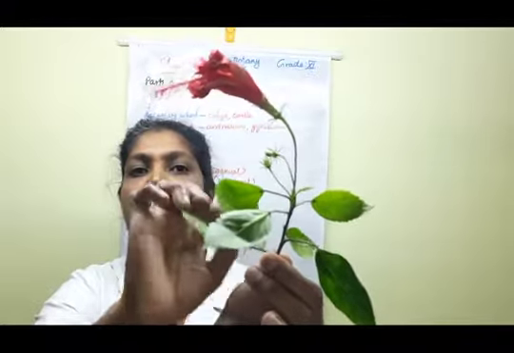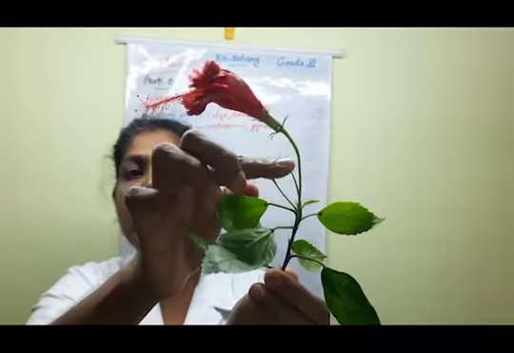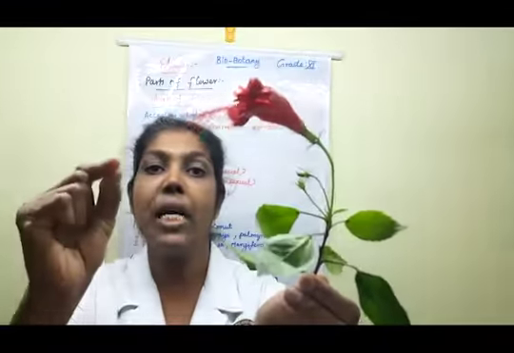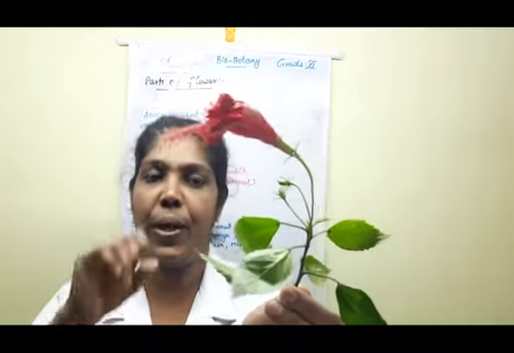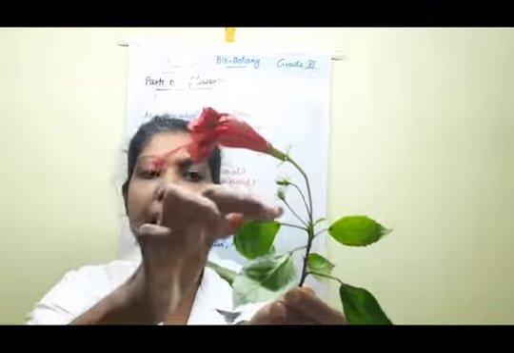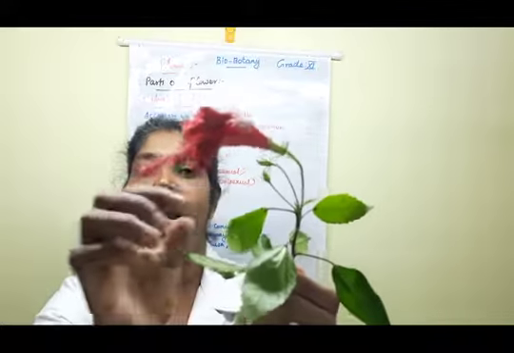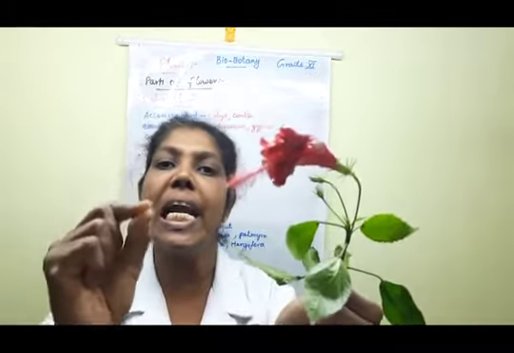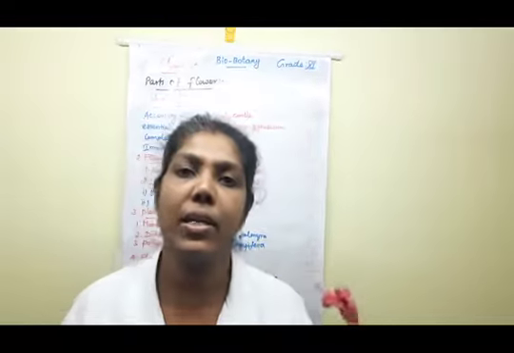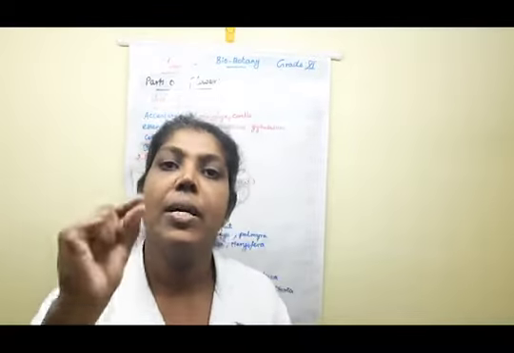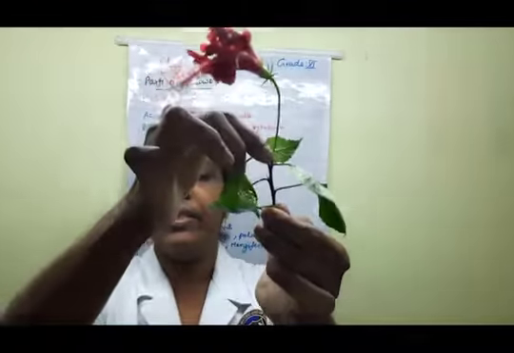This is the pedicel region. The stalk of the flower is known as the pedicel. But at the base of the pedicel, one small leaf-like structure is there, children. That part is known as the bract. Clear?